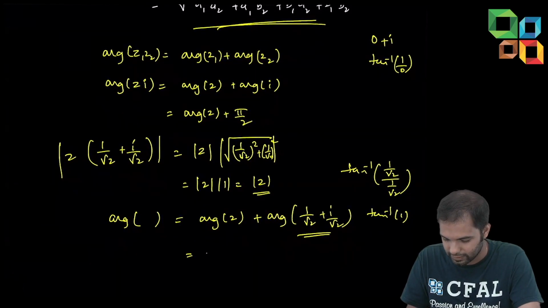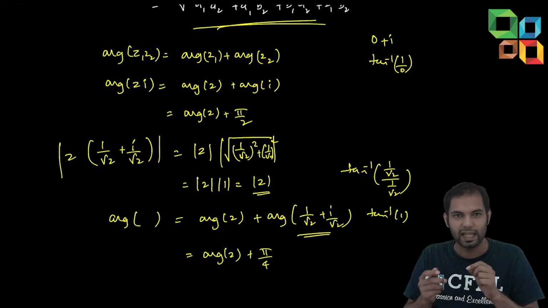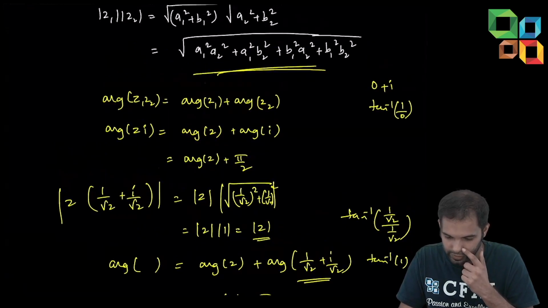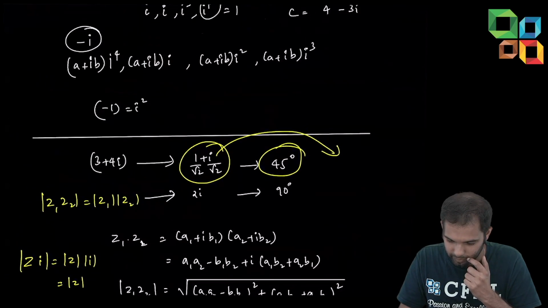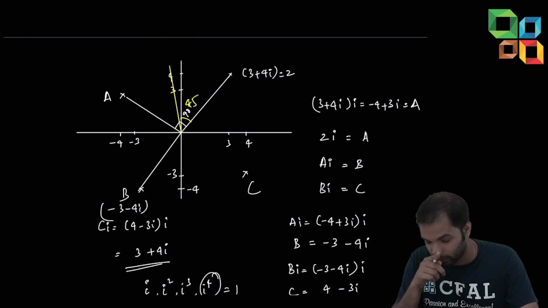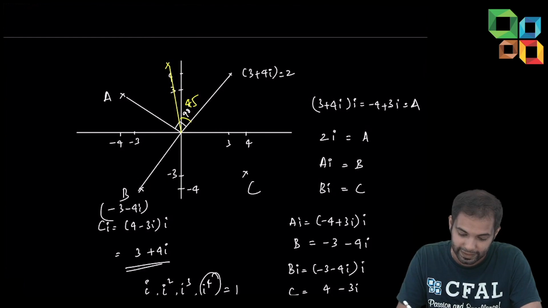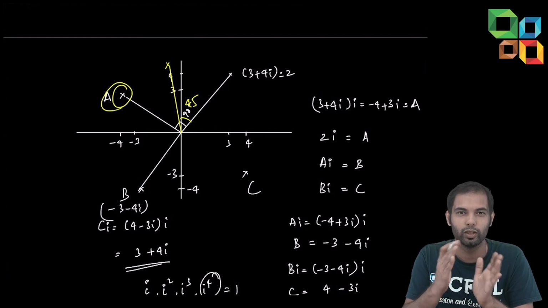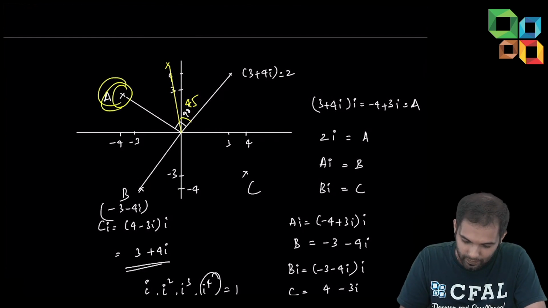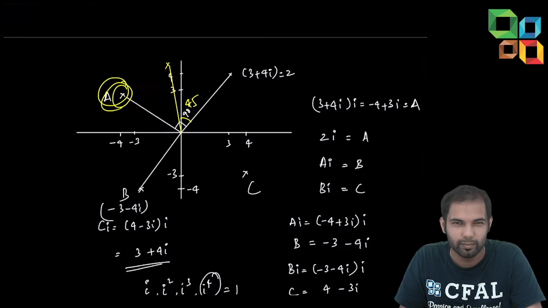So can you see that? Whichever next point you get will be at an angle 45 degrees more. So for example, if you had multiplied this, you would have got somewhere here. This would be 45 degrees, and you would have got one more point. The next point would have been A because it's going by 45 degrees and it's not changing in magnitude. So it's a very important observation.